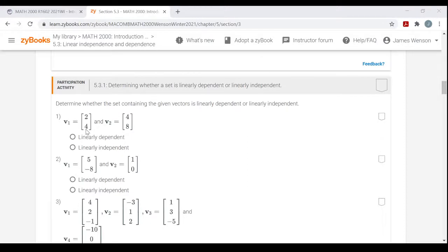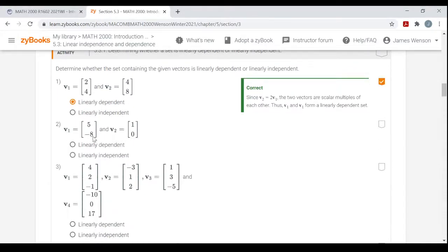Well, isn't this second vector 4, 8 just 2 times the first vector? Or you could say the first vector is half the second vector, but they are scalar multiples of one another, and there's only 2 of them. So these are definitely dependent. Right? I can write one as a scalar multiple or a linear combination of the other.